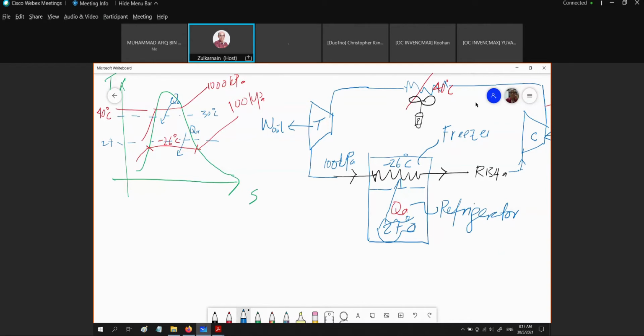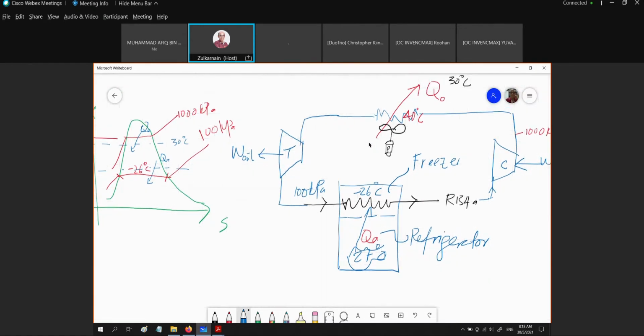We are going to give a special name to this type of heat exchanger: we are going to call it the evaporator. This is the compressor, of course. And this device, the heat exchanger at this side, which rejects the heat to the environment, we call the condenser.